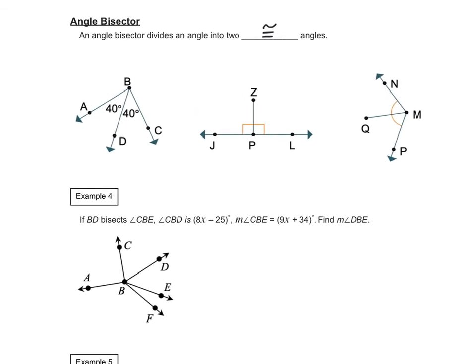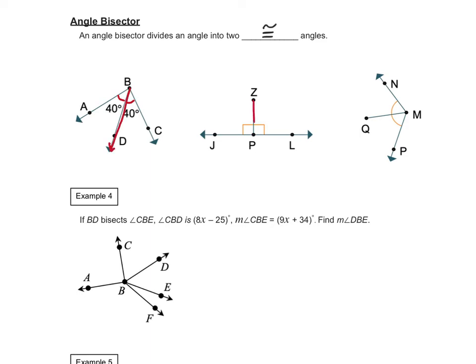So here, looking at this, I have angle ABC, and it is bisected by BD because it cut that in half, because ABD is equal to DBC. So that is an angle bisector.